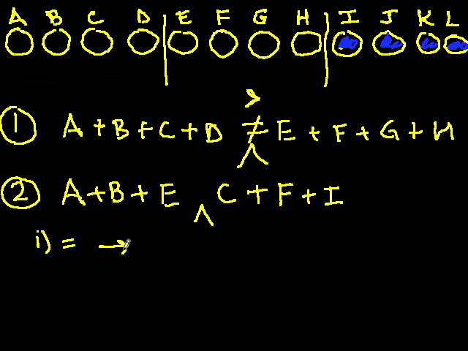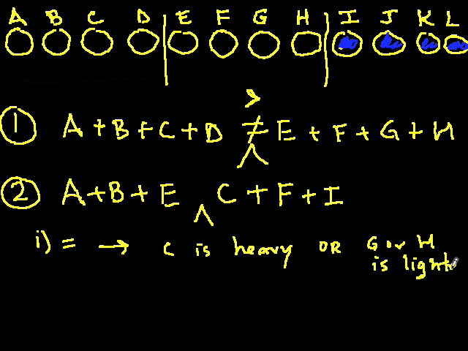Well, that implies that either C is the heavy ball or G or H is a lighter ball. Now why is that? Well, we had before that A plus B plus C plus D was heavier than the other 4, and now we have that they're equal.